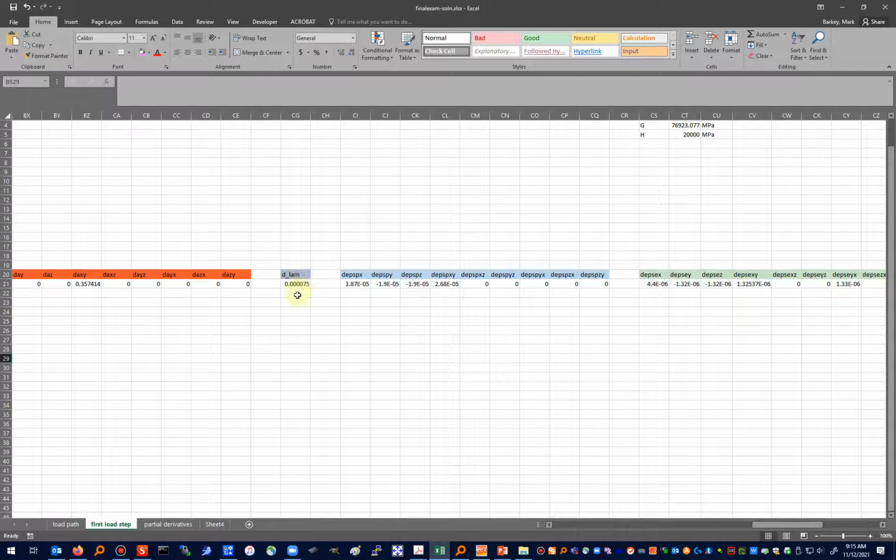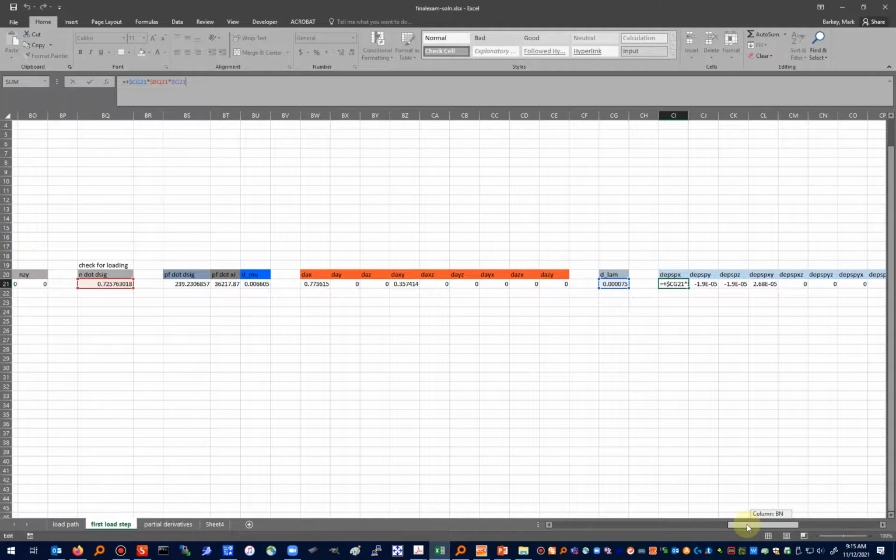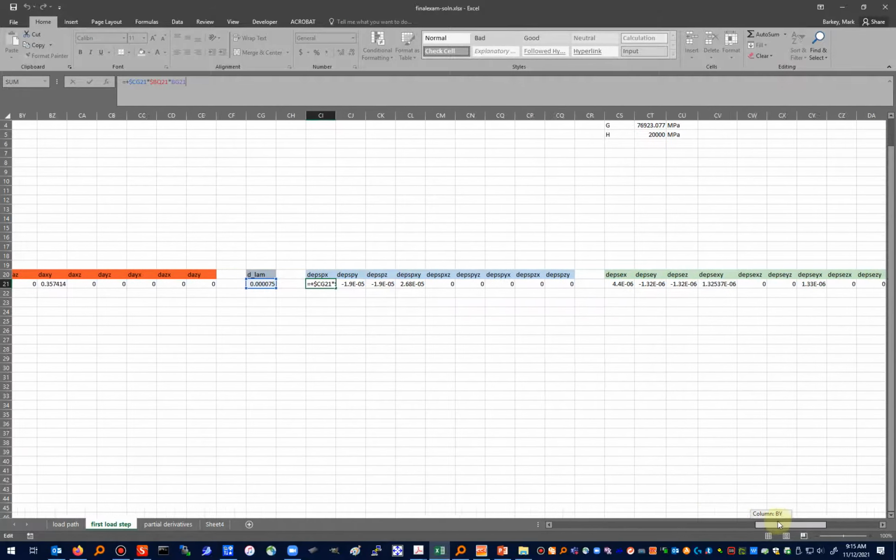For the plasticity calculation, I need the d lambda, 3/2 1 over h. And then we have our plastic strain increments. N dot d sigma times d lambda times the n vector.